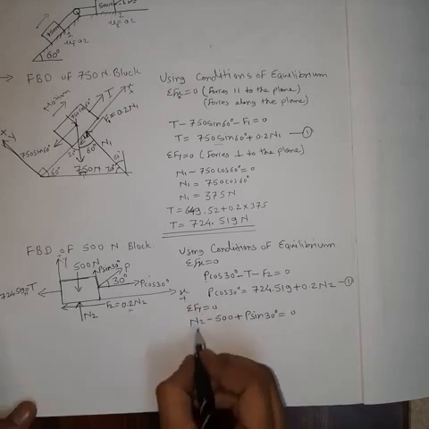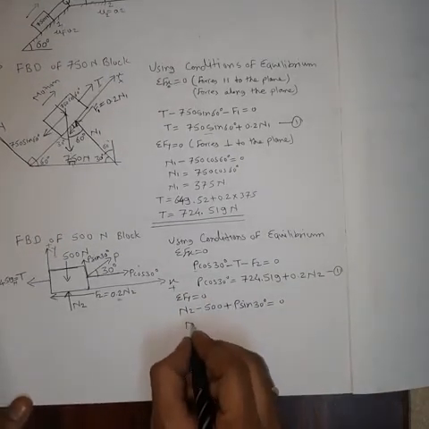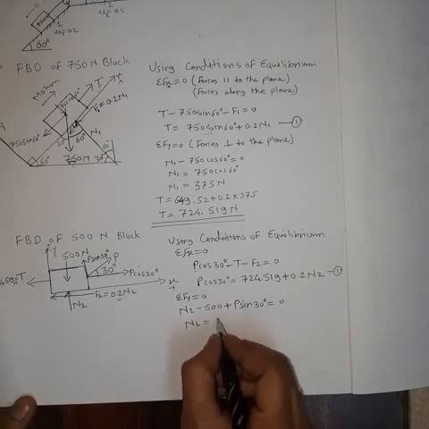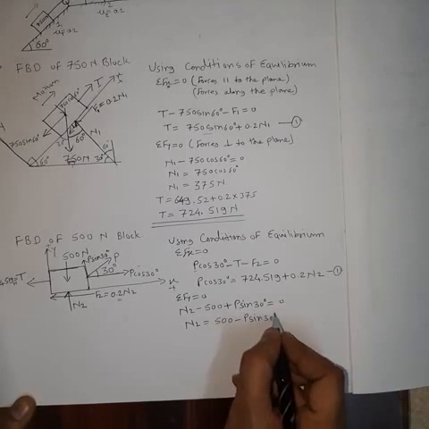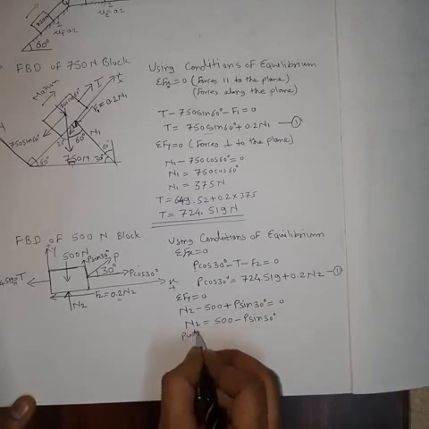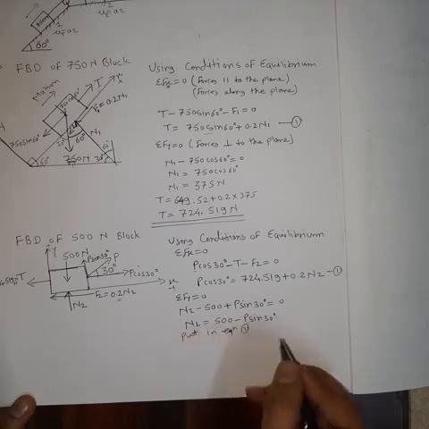You can use any one of the methods. I am doing it like this: N2 is equal to 500 minus P sine 30 degree. So put this value of N2 in equation number 1.